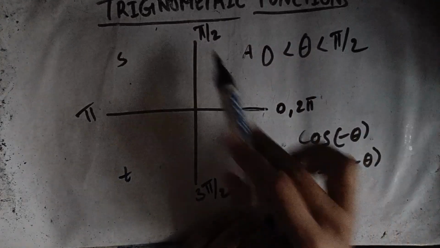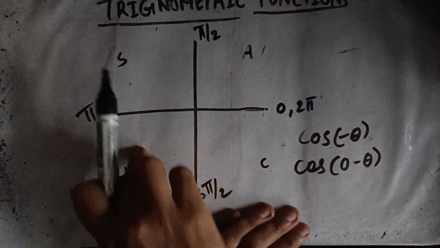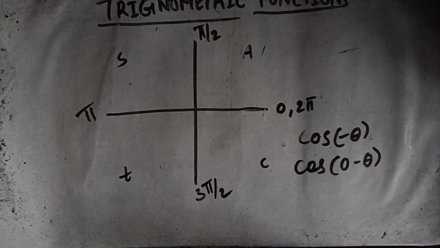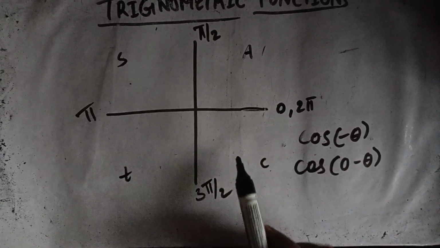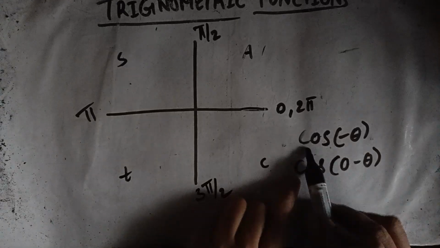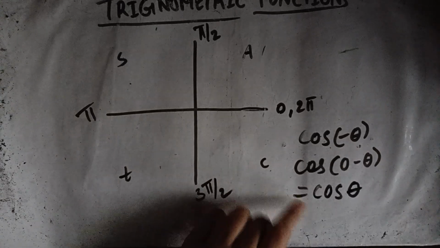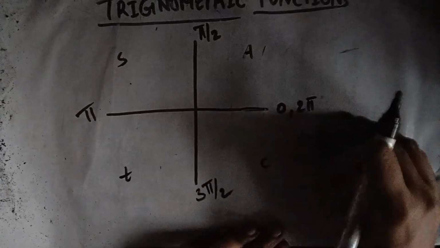It is between 0 to pi by 2, in the first quadrant. So this is again a negative angle. It falls here in the fourth quadrant. We know that cos is positive here. So cos of this angle will be a positive number, cos theta.